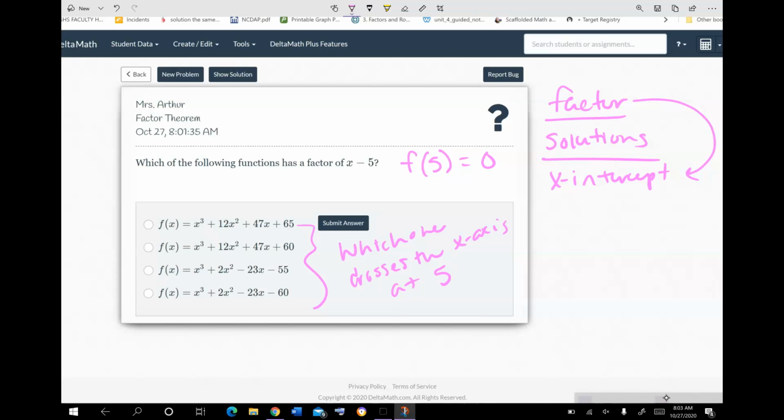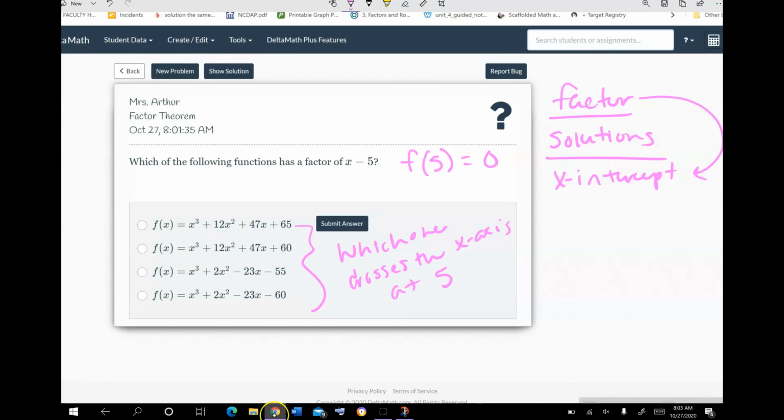We don't even have to do any math. I want to know which one of these equations, when I type it into Desmos, crosses the x-axis at 5. We're going to type each one in and just see which one crosses the x-axis, because a factor is an x-intercept.